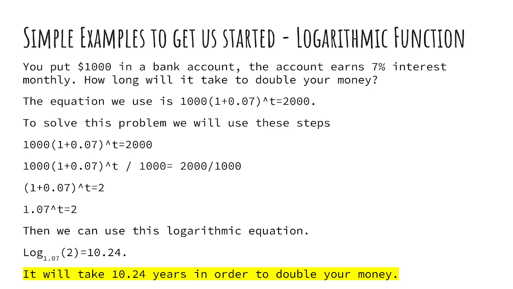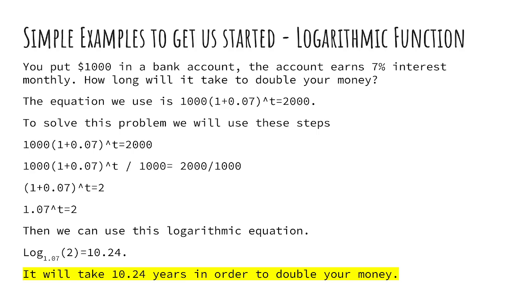After dividing both sides by 1000, we end up with (1 plus 0.07) to the power of t equals 2. Then we can add the 1 plus 0.07, which gives 1.07 to the power of t equals 2. Then we can use this logarithmic equation.